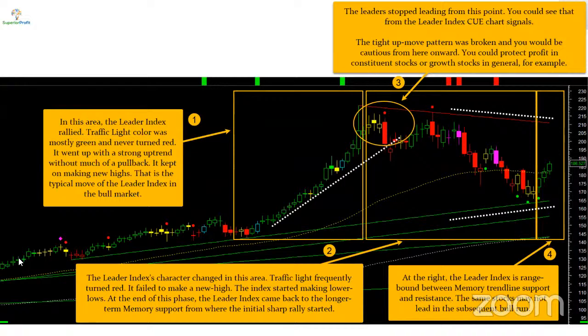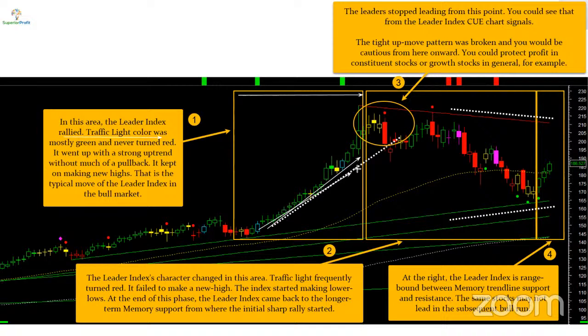Here is an example, all recent examples. I'll read by the numbers again. In this area, the leader index rallied. If you notice the Q Global traffic color, and using Q Global, you instantly know what chart template it is using. It's using the entry chart template, traffic color, and flow colors for candles.